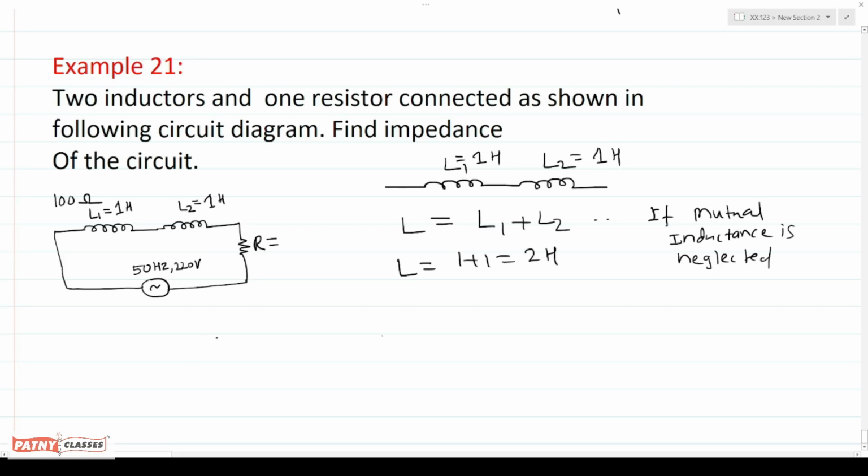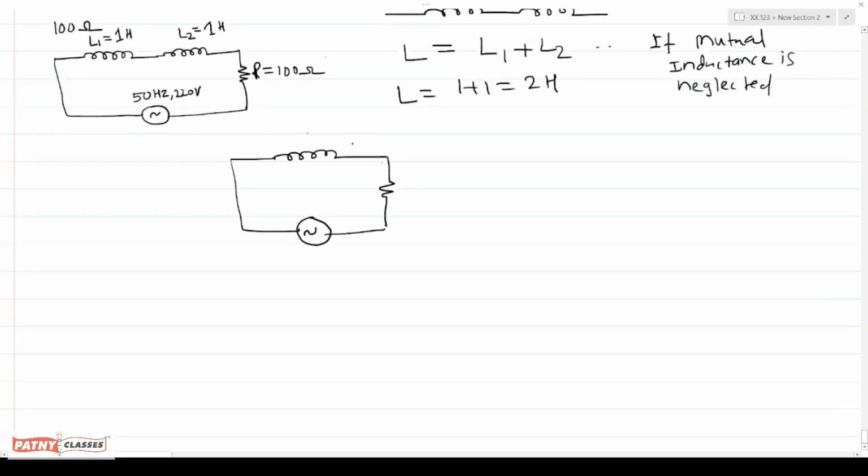Therefore the equivalent circuit diagram becomes: L equals 2 Henry and R value equals 100 ohms. So it is a plain LR circuit. For the impedance of the circuit, the frequency is given as 50 Hz.